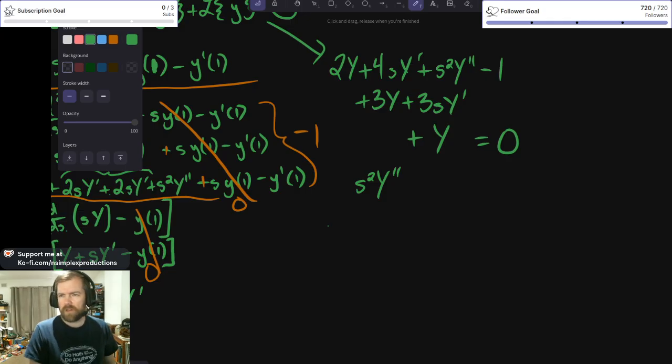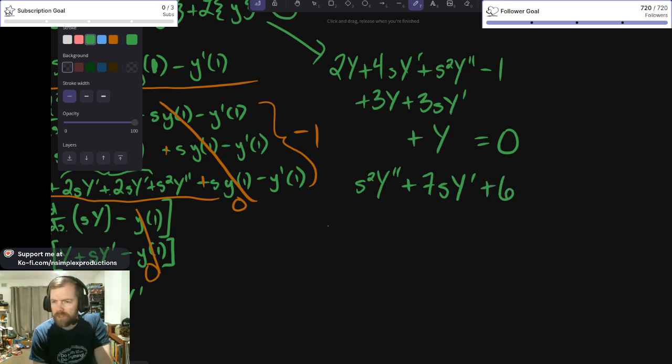All right, so s y double prime plus 7s y prime plus 6y equals 1? Or minus 1 equals 0, whichever way we feel like writing it. I mean, that could work, I suppose.